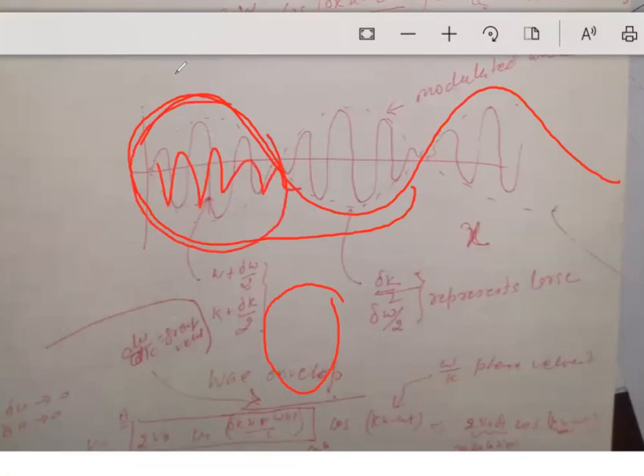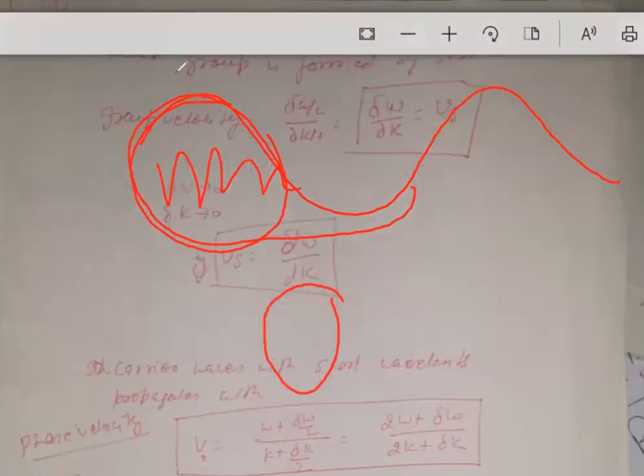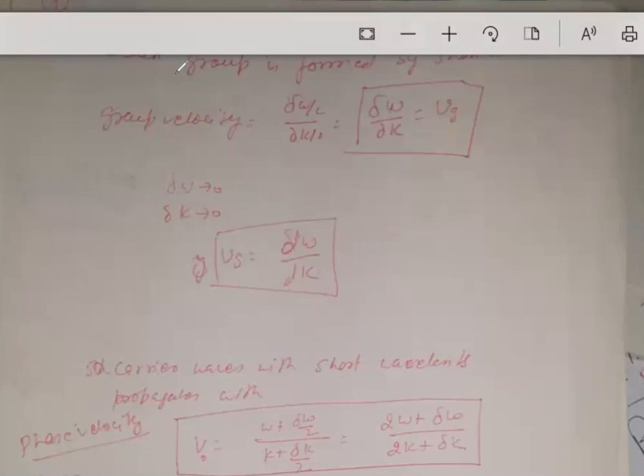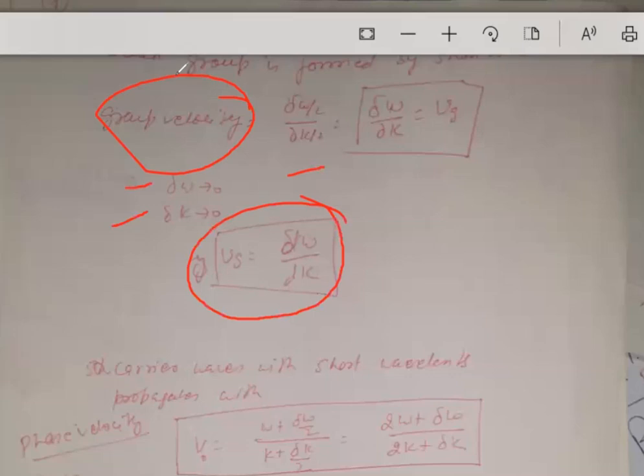That is why it is called group velocity. Group velocity means corresponding to the low frequency. When d omega by dk goes to 0, in this limit, whatever velocity you are getting is called group velocity.